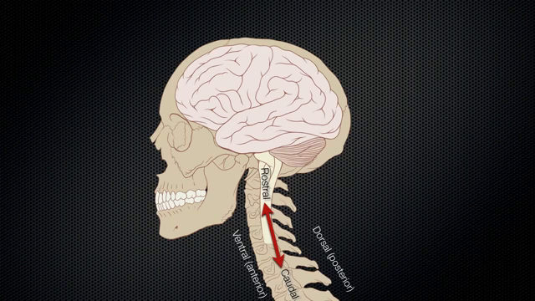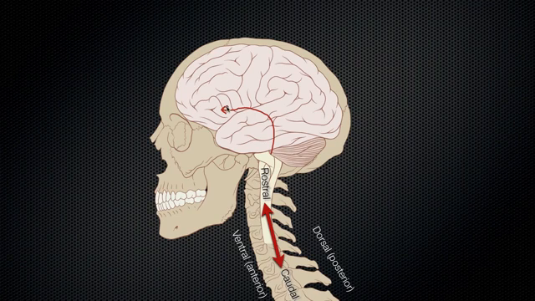Dorsal or posterior is towards the back of the body. Now, when we get into the brain and we pass the midbrain region, which is this region over here, what happens is that there's approximately 100-degree bend. So in other words, it comes and it bends in that direction.